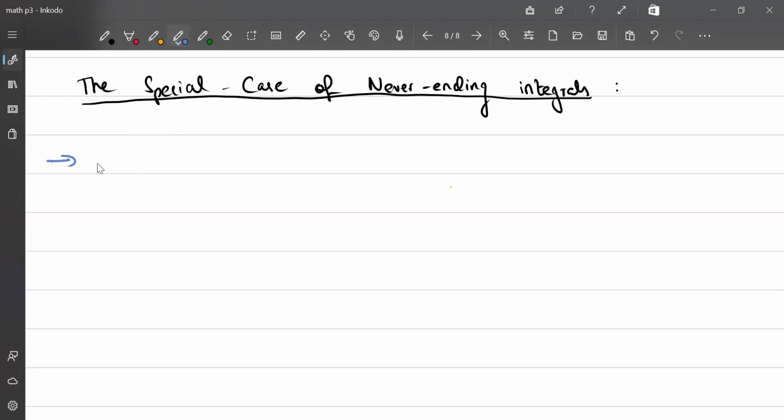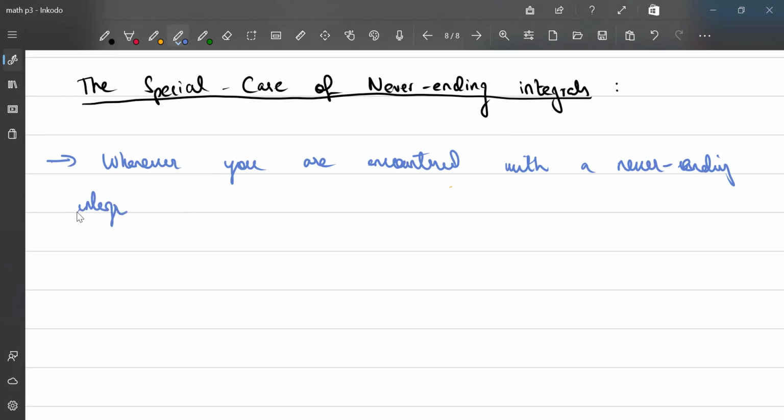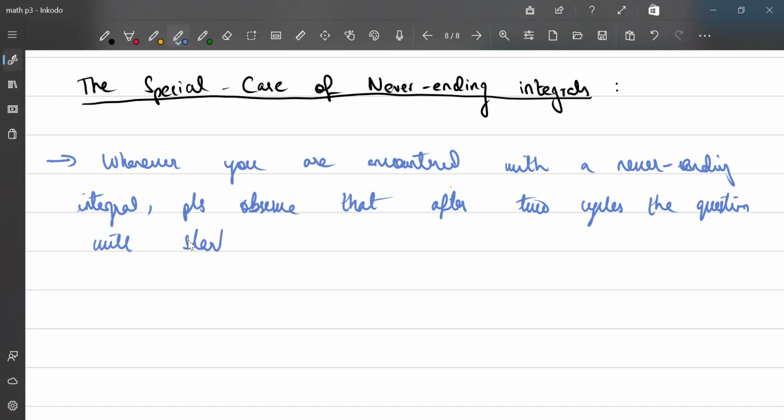But before that, just write a short note. Whenever you are encountered with a never-ending integral, which I will obviously explain in 2 minutes from now, please observe that after two cycles, the question will start repeating itself.